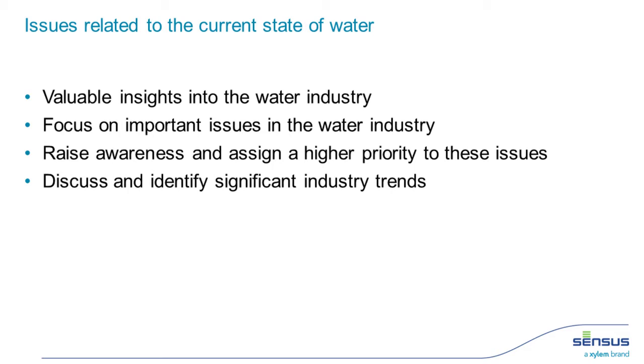But before we talk about how we're using the data, let's go over some of the top issues that have been identified by the utilities through some surveys and through some other industry magazines and content.